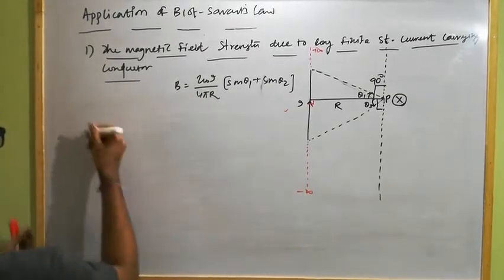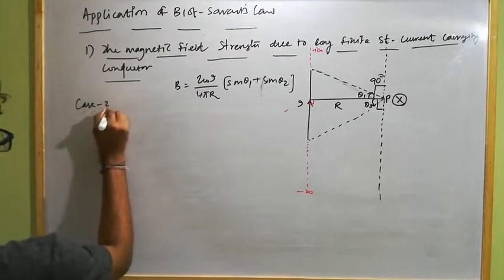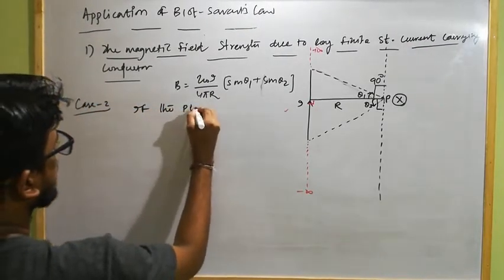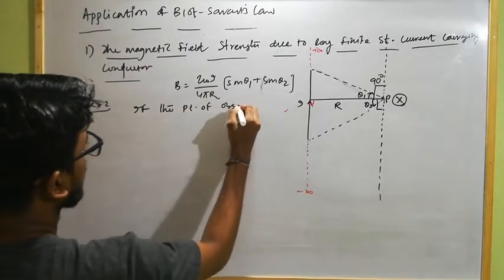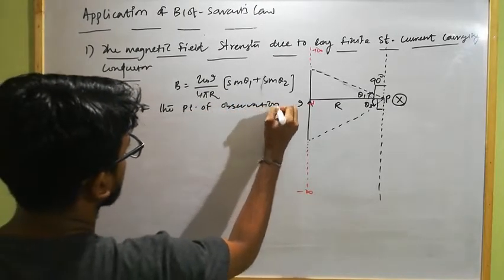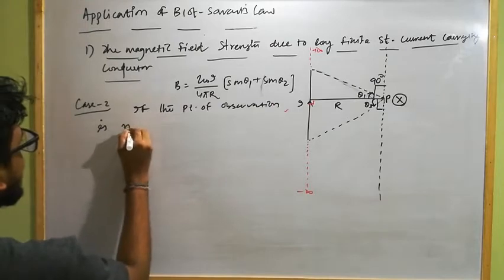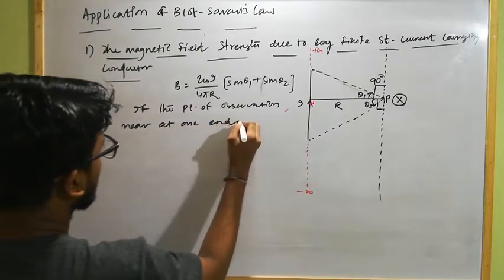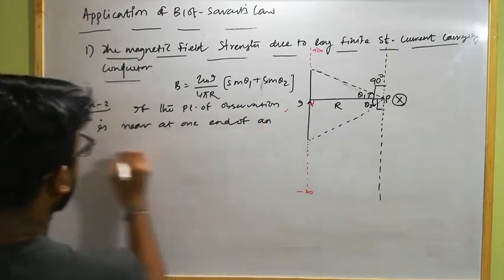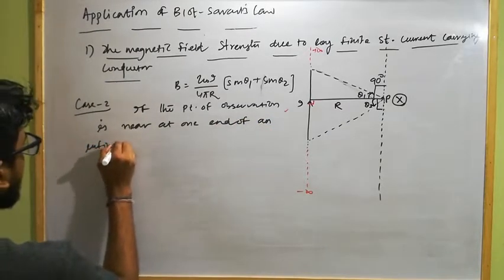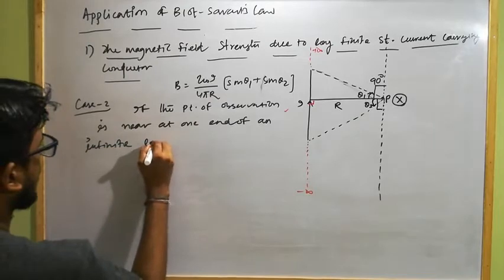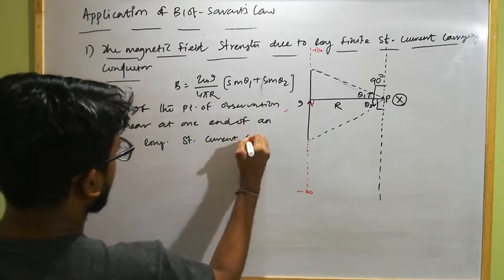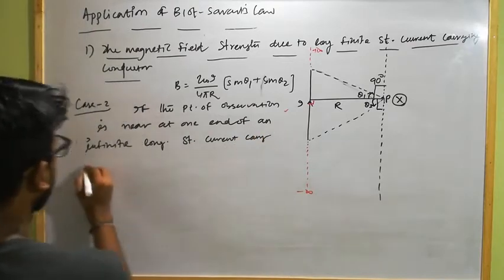If the point of observation is near one end of an infinite long straight current carrying conductor.